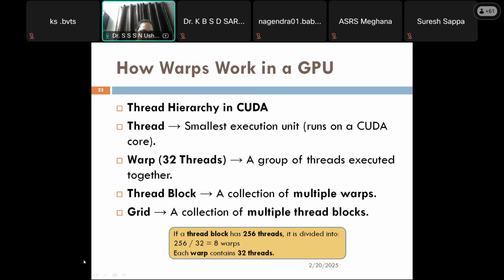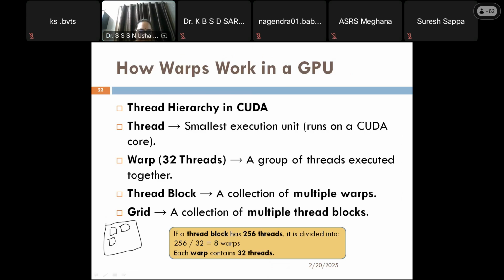If this is a thread block, then multiple warps will be there within this thread block.